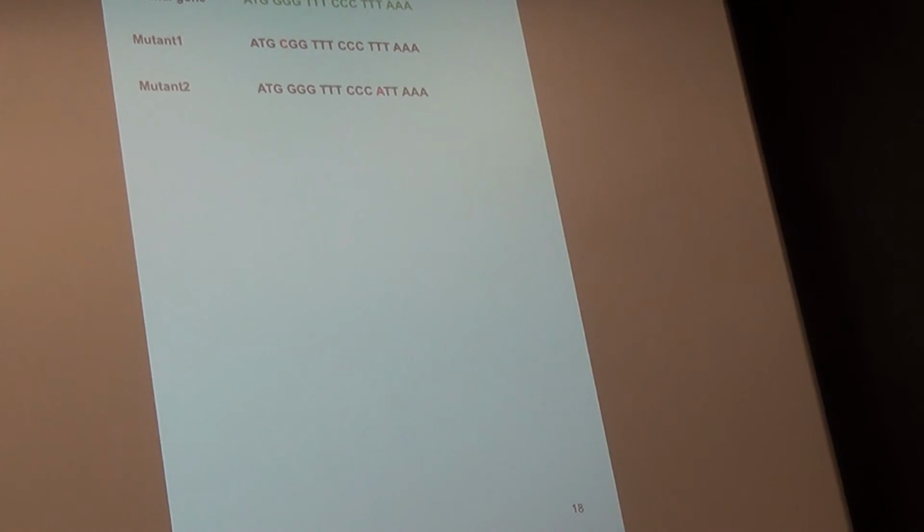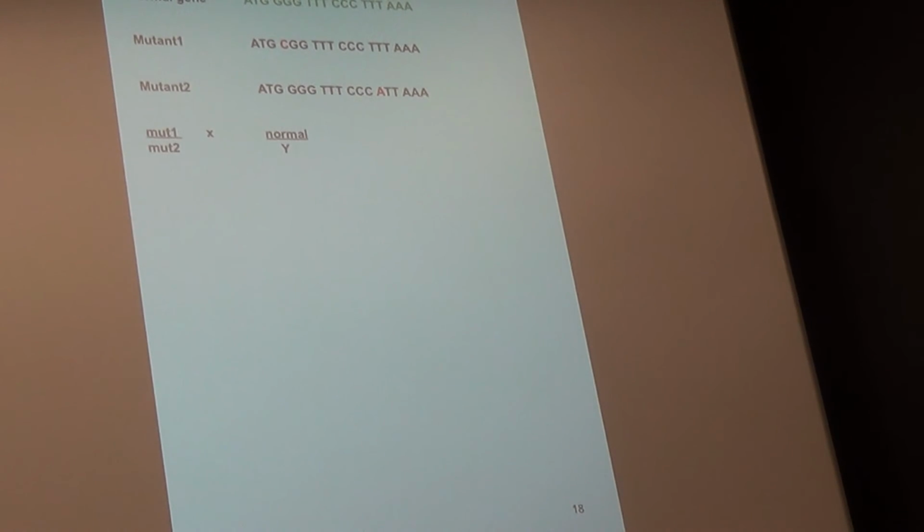The W2 allele has a mutation. Instead of TTT, it goes ATT. Okay. So here are your two alleles, W1 and W2. So we made a fly that was heterozygous 1 and 2, correct?